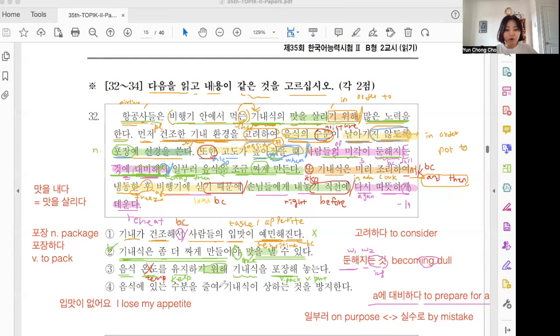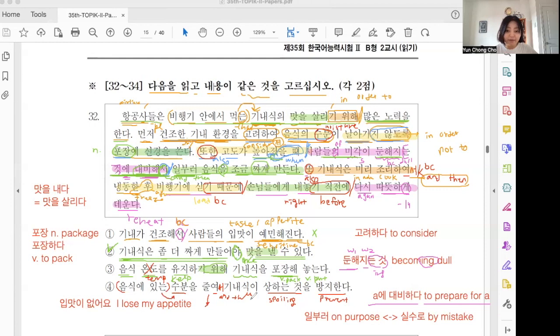음식에 있는 수분을 줄여. 자, with 여, usually you can assume that 서 is missing. So 줄여서. 자, 줄이다, to decrease. 음식에 있는 수분을 줄여서, you decrease the moisture that is in the food. 서 and then 기내식이 상하는 것을 방지한다. 자, 방지한다, prevent. 상하다, spoil, 는 것, ing form, so spoiling.